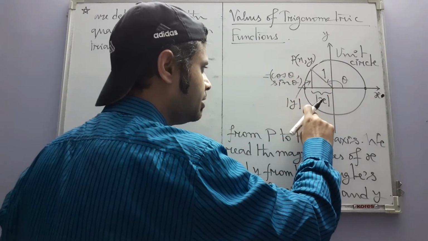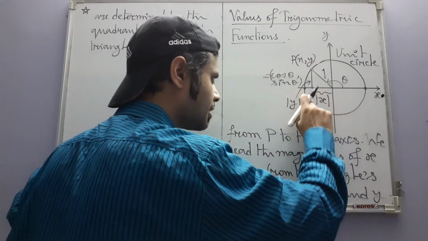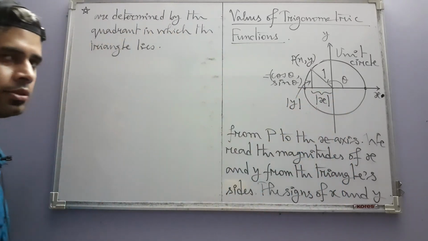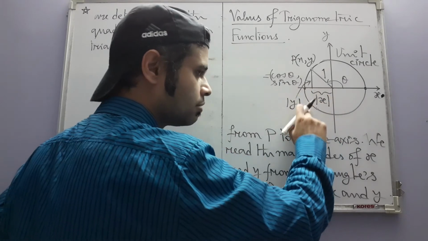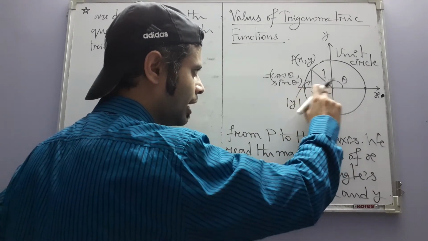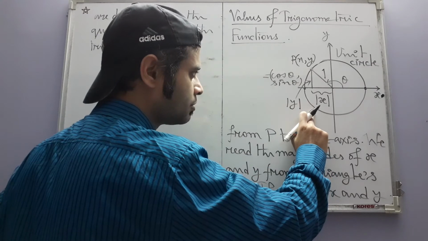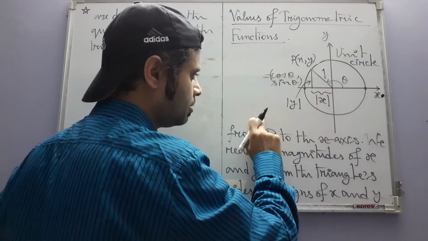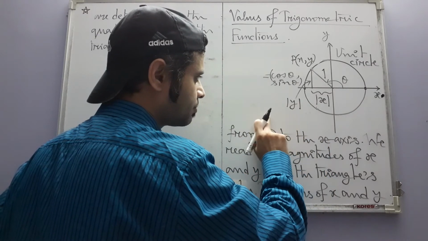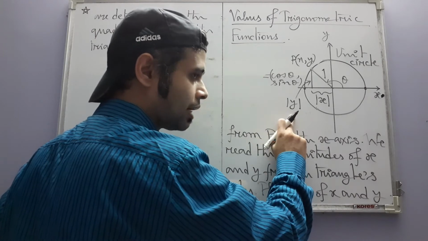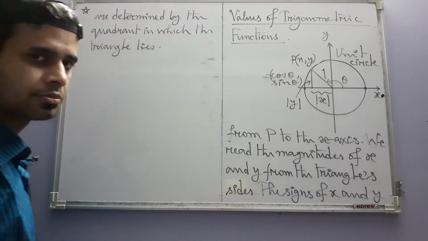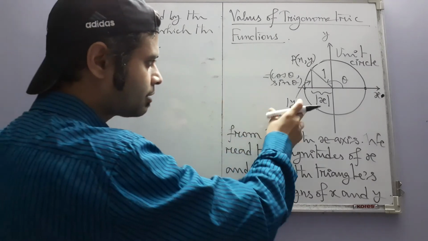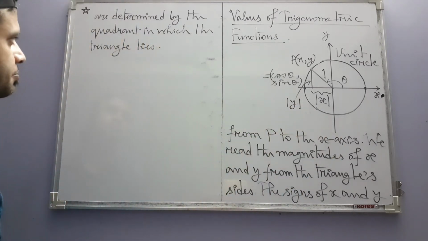Had your point been here, both x and y would have been negative. So after measuring the lengths of the relevant sides of that acute reference triangle, you would have to put a minus sign in front of both the measurements to get that cos theta and that sin theta.